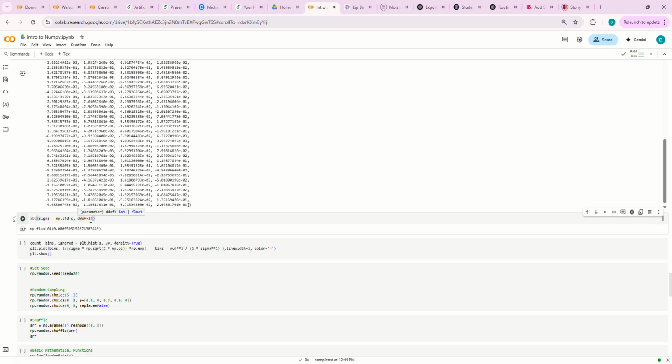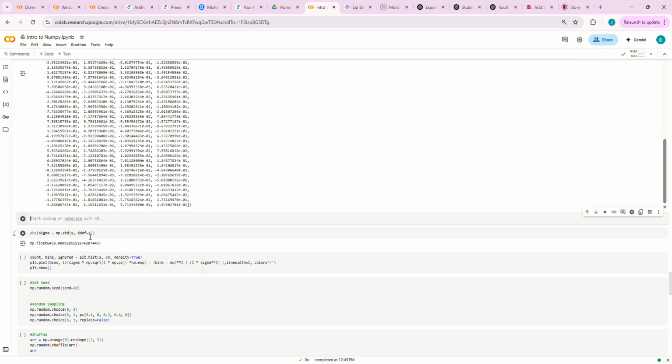Why is the sample standard deviation lower? Actually, sorry, let me go back. That is the variance. np.sqrt.